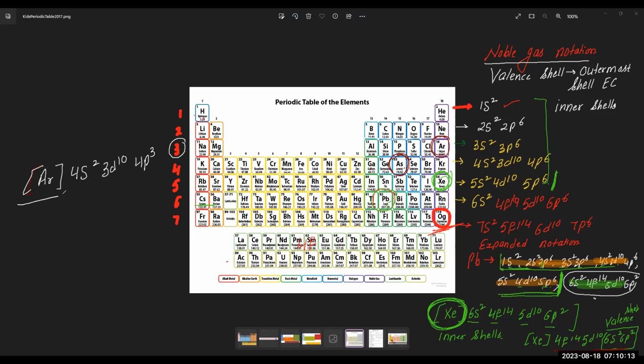Inner shell is argon. But what is the valence shell? This is the valence shell, but this is not part of the valence shell. So that is the reason they say that when you are using noble gas notation, put it in the right order: 3d10 first, then 4s2, 4p3. Now this is the valence shell.